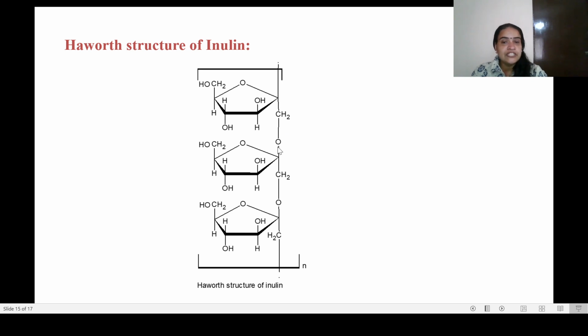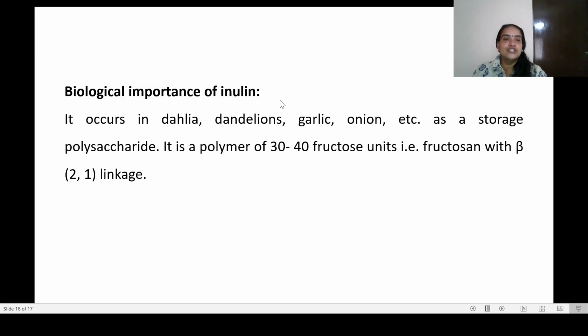As the first position of all these fructose units is blocked, we can consider this inulin as a non-reducing sugar. If the OH group is free on this first carbon, then only the sugar will be a reducing sugar. So here none of the OH groups are free. So it is considered a non-reducing sugar.